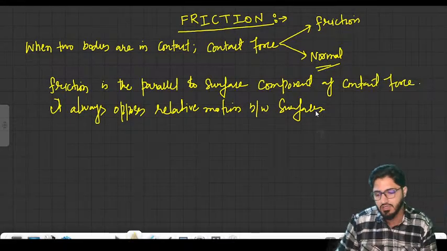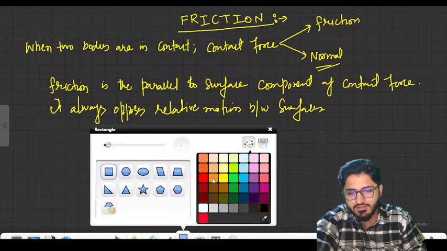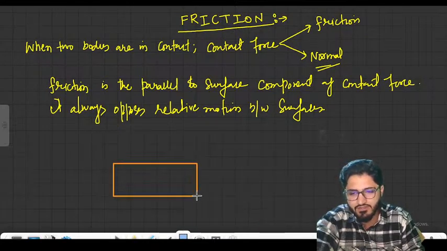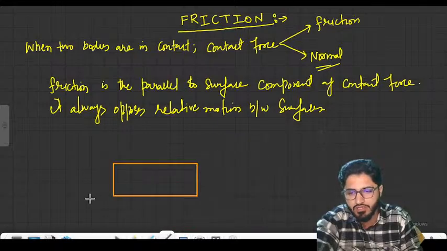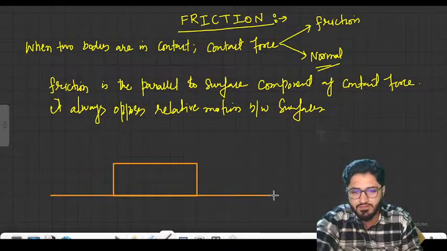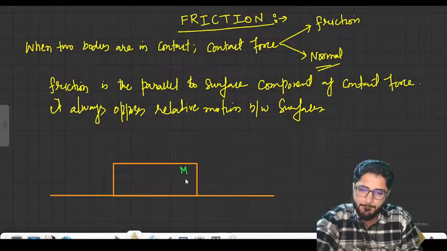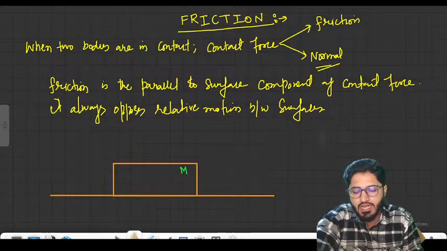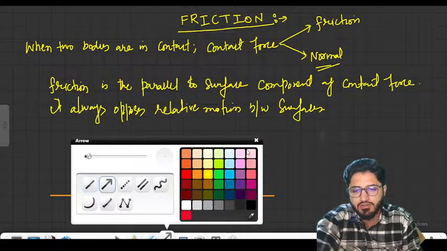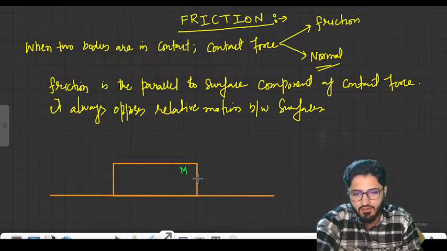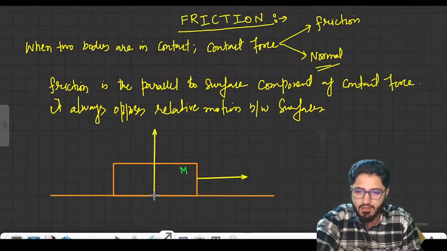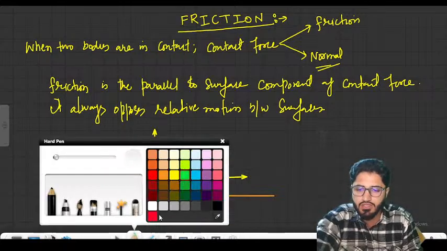Easy definition. Look now, if we have a surface, this is my surface, and the object has mass m. We have two components here.